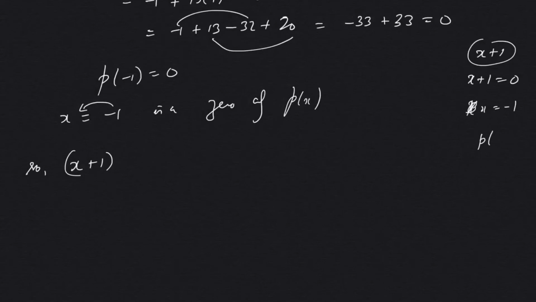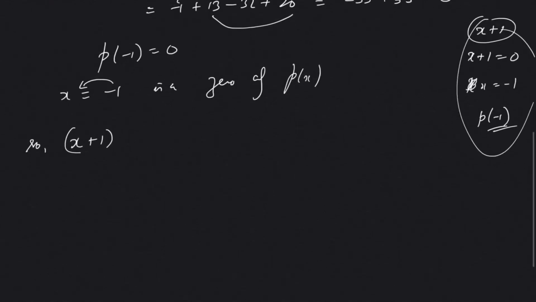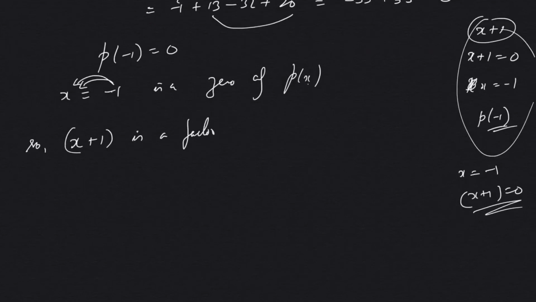So our remainder will be p of minus 1. That's how we used to find it, remember? So if x equal to minus 1 is a zero of the polynomial, then x plus 1 is a factor. We are finding the factors of the given polynomial.